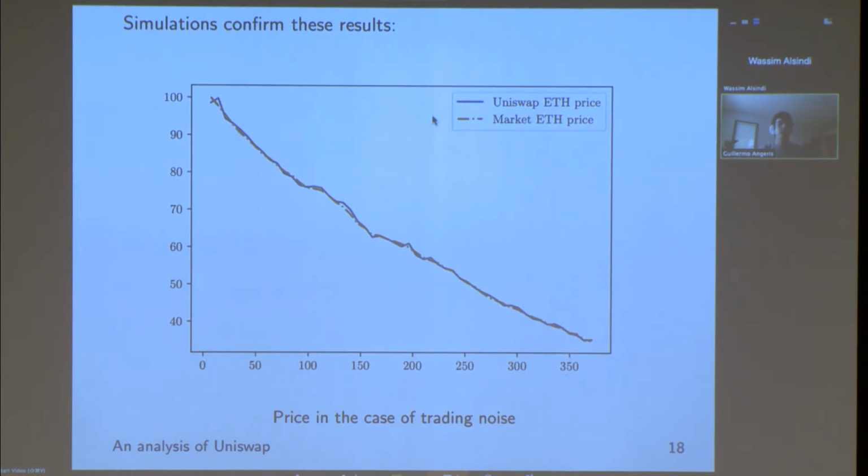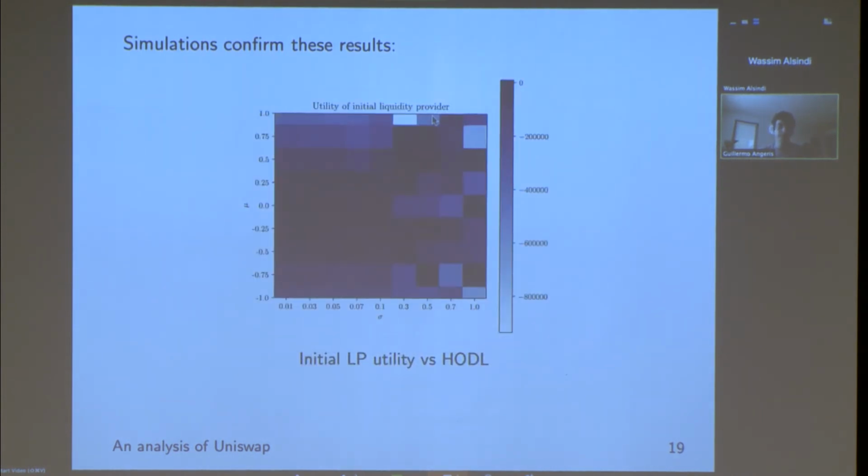And a not so great thing, but reiterating the same point I made previously, is that even in the case with fees, the initial LP utility versus simply holding the equivalent portfolio of coins, at some point 0, and then this is evaluated at time t, right? As you see, you only really have positive payoff if the asset is driftless. If it's not driftless, you are pretty much screwed.